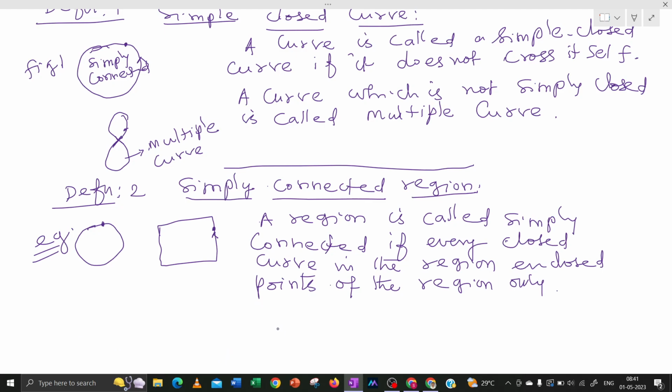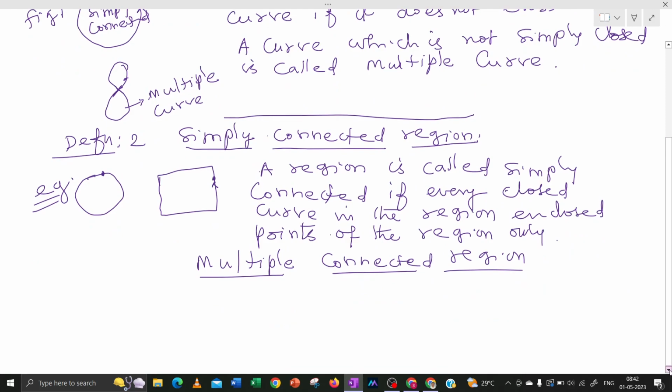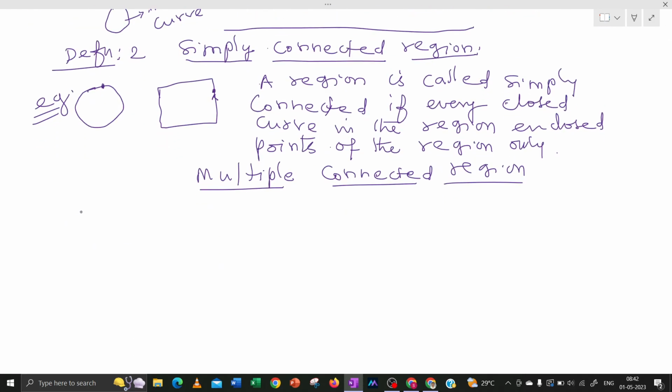So what is meant by a multiple connected region? A multiple connected region is a region which is not simply connected.